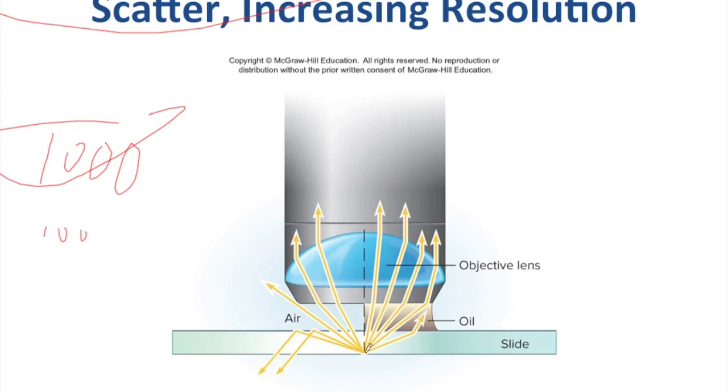If not, the lights will be reflected out of the objective lens. So oil can bend the light beams and allow more light to go through the objective lens. That's the purpose of using oil.